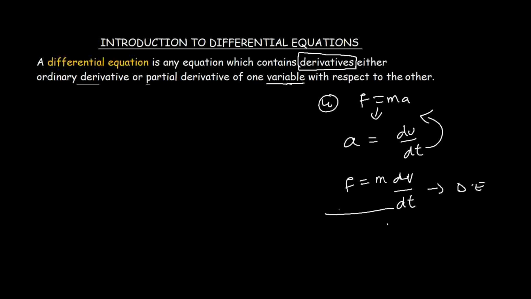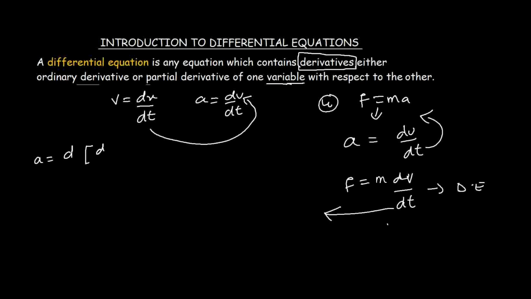Okay, so you can write what I have here in a different form. We know that v equals dx over dt, and a equals dv over dt. So you can substitute the value of v in place of this v here. You therefore have a equal to d of dx over dt, all over dt.